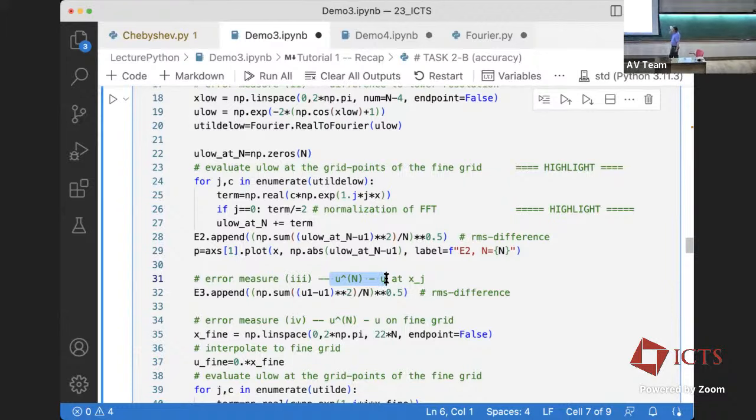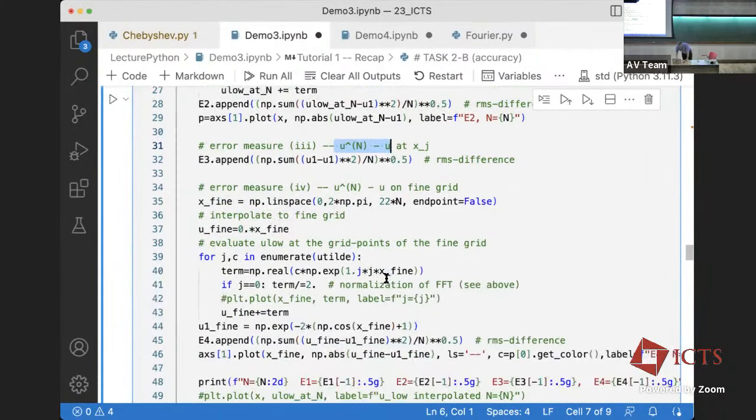The difficulty is that at the collocation points, the approximate solution is identical to the actual function we are going to solve for. And so what you're ending up is basically taking the sum of zeros. And so this isn't a useful thing to do.